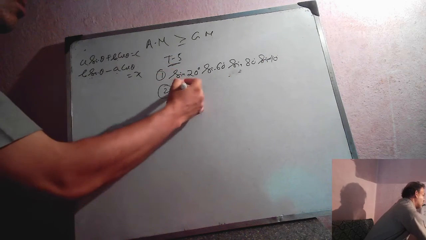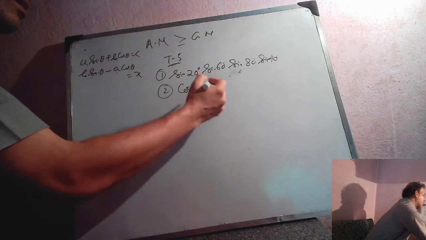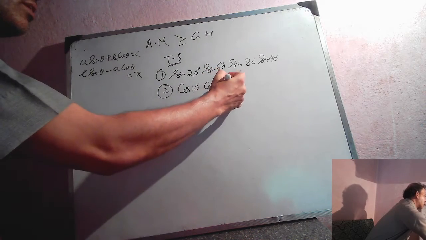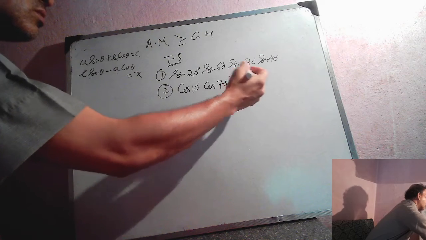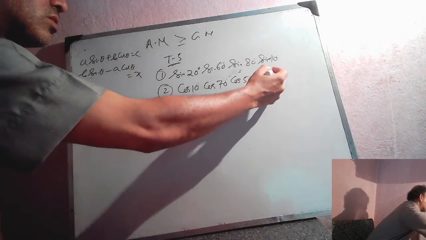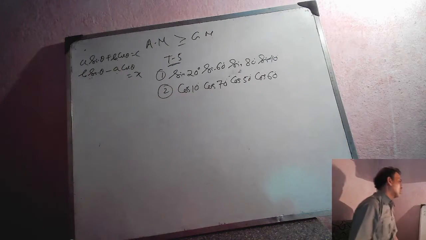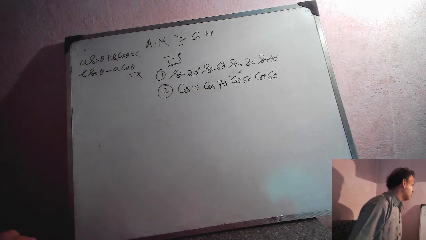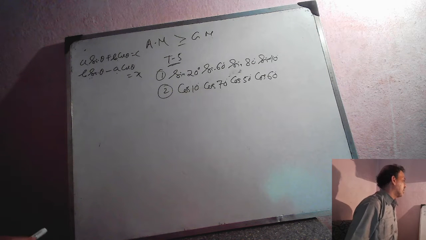Number 2, cos 10 degrees, cos 70 degrees, cos 50 degrees, cos 60 degrees. How will you find the value of this within a second?